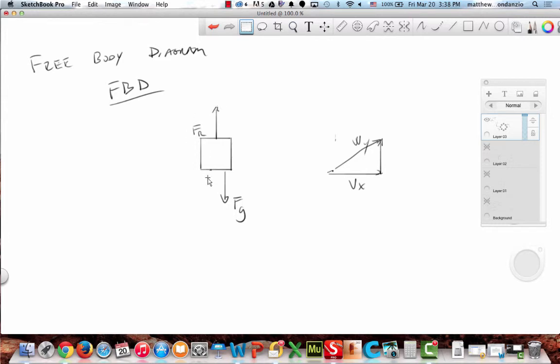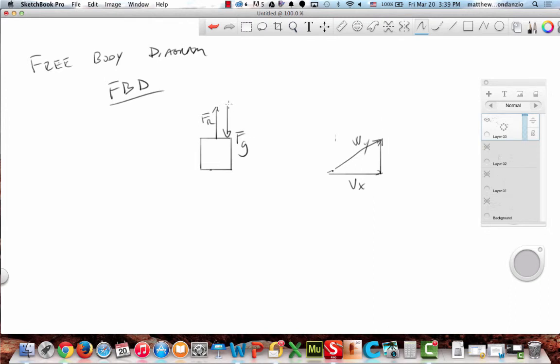We can move these vectors anywhere we want. A correct diagram can be this way, or like we originally had it down here, or up here, as long as all of my vectors have the same magnitude and same direction.